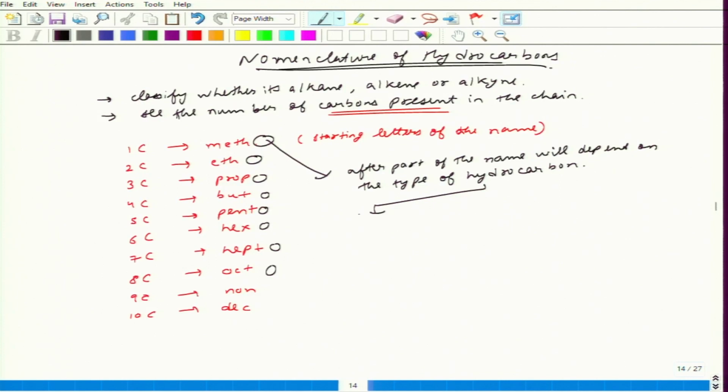That means if it is an alkane, the name will end with ANE, which I already told.